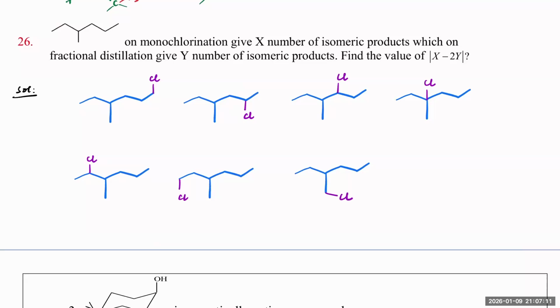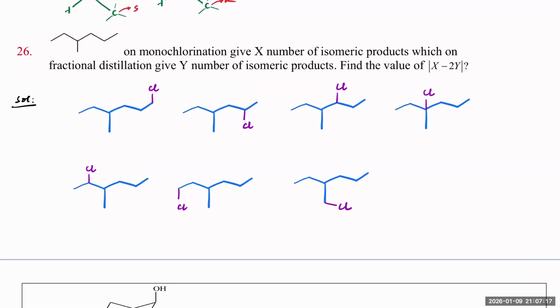Now, fractional distillation gives Y number of isomeric products. See, the minute chlorine comes into the picture, we have a chiral center here. Similarly, now we have two chiral centers here. Here also I have two chiral centers. Here I have one chiral center. Here again two chiral centers.